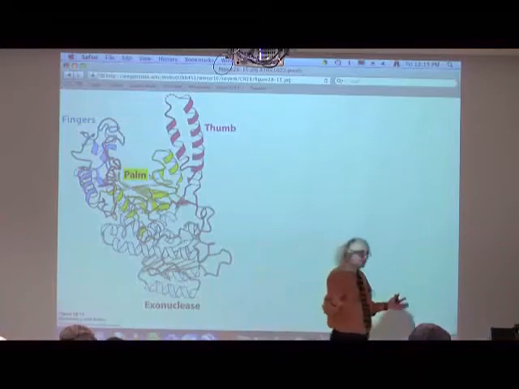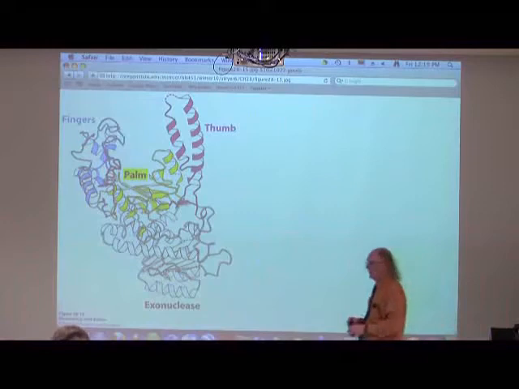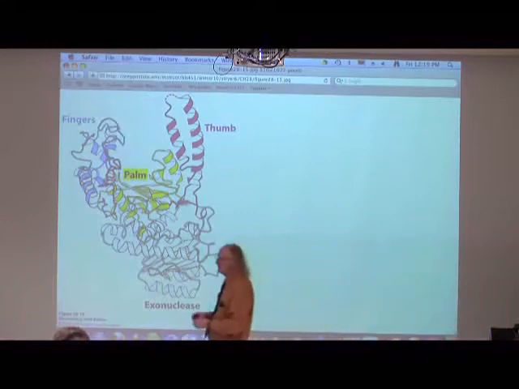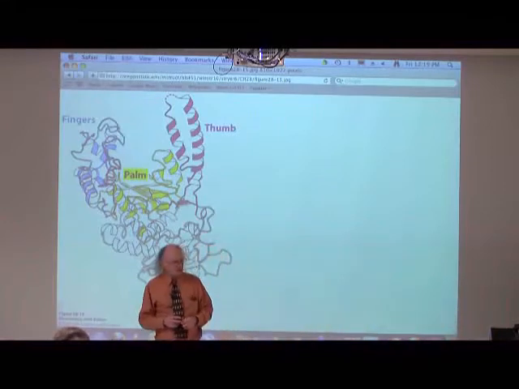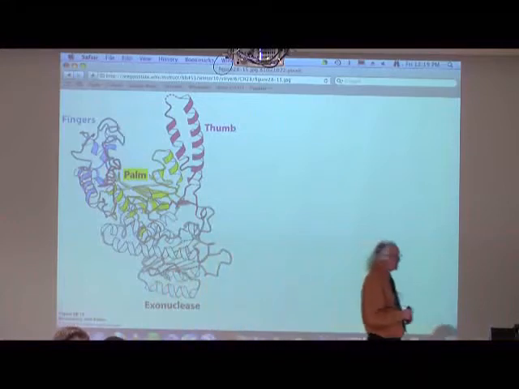Okay. Now, I said 3 activities. I've told you about 2. The third is found in DNA polymerase 1. It's not found in any other E. coli DNA polymerase. This one is also an exonuclease activity, and this one works in the 5' to 3' direction.